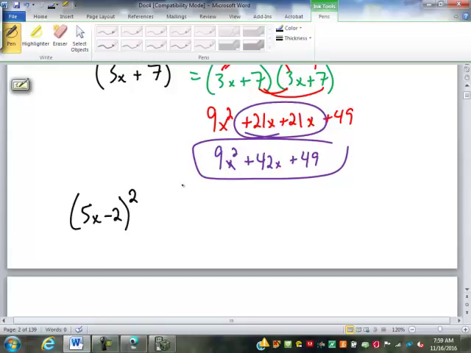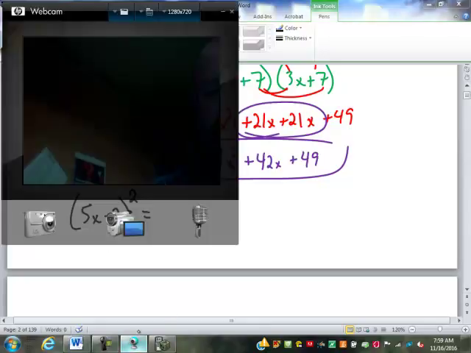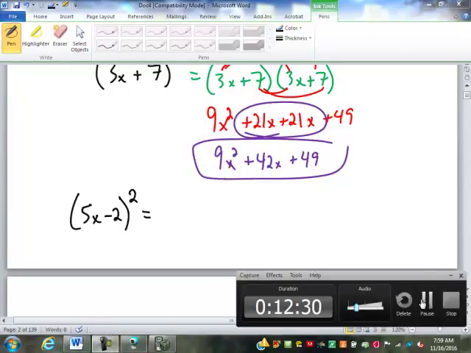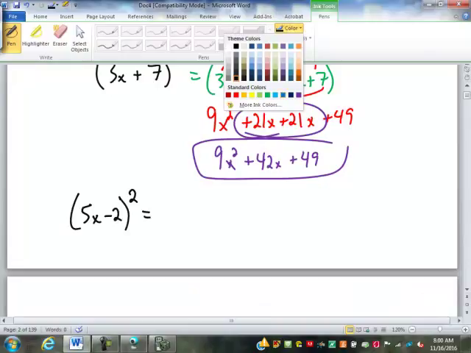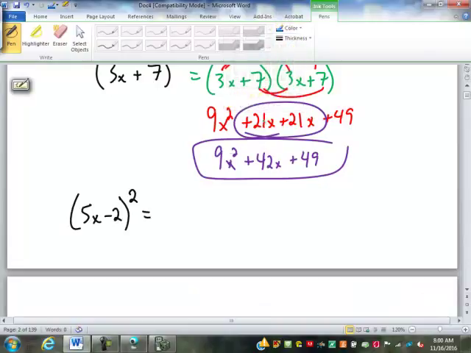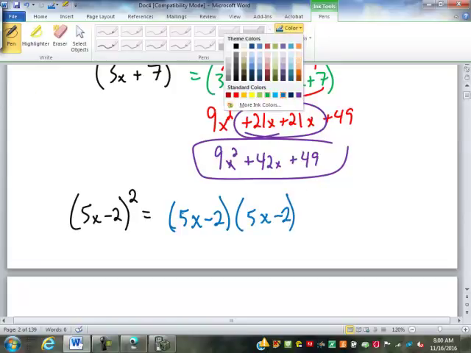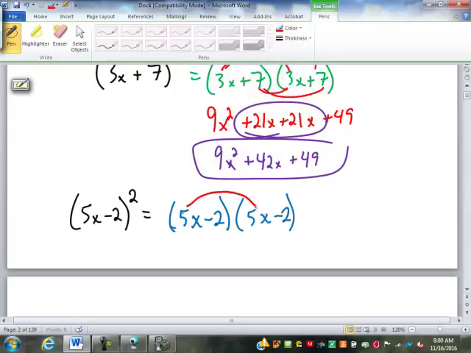So in your notes, try that. 5x minus 2 squared. See what you come up with. So that's going to be 5x minus 2 times 5x minus 2. 5x times 5x is 25x squared. 5x times negative 2 is negative 10x.